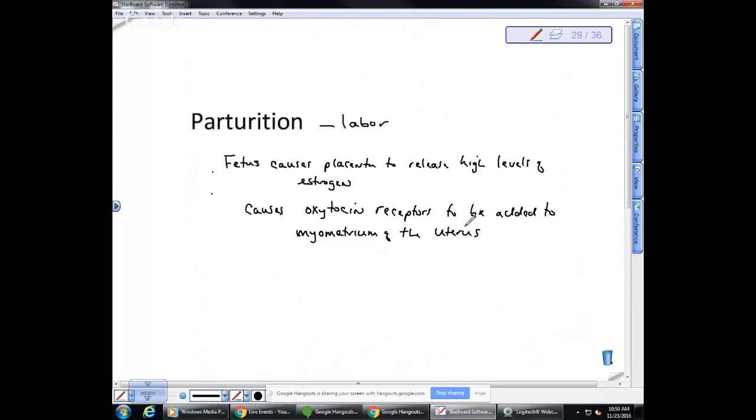Okay. So what happens then when oxytocin is released? The fetus produces oxytocin. It binds to the myometrium, and it causes uterine contractions.